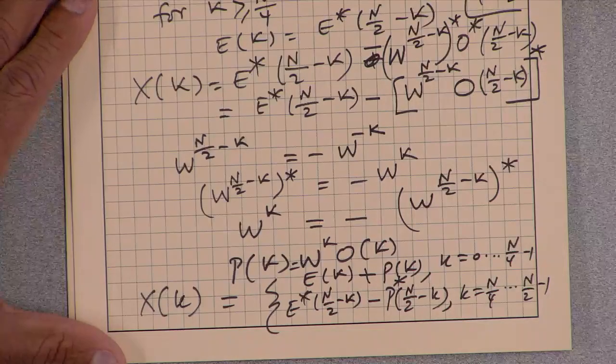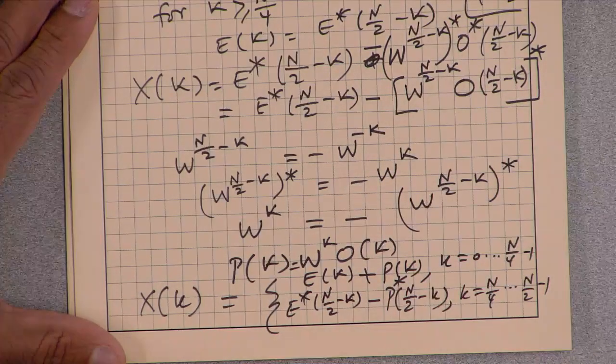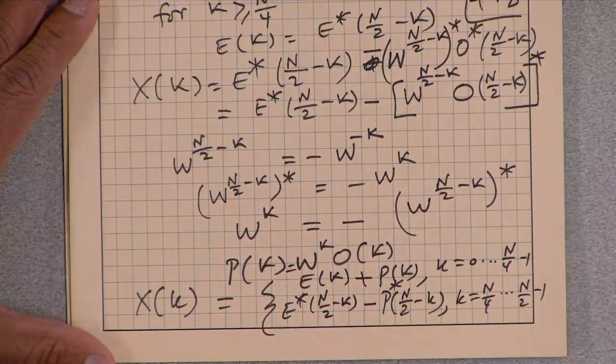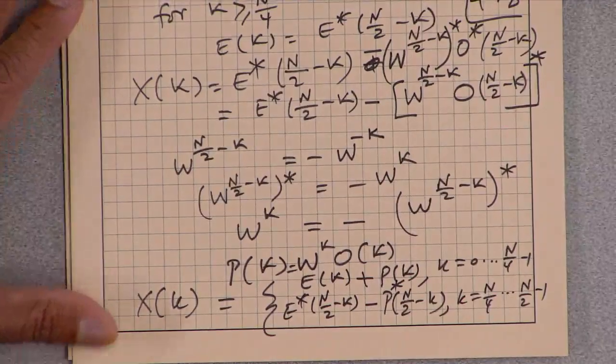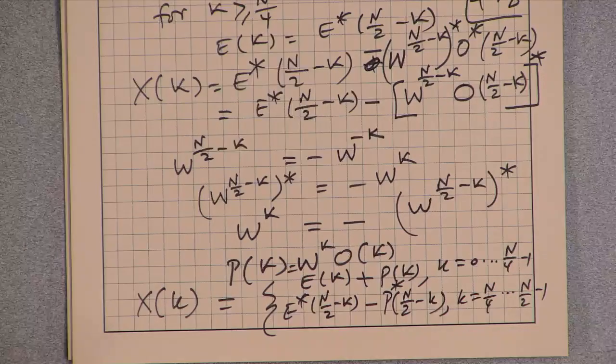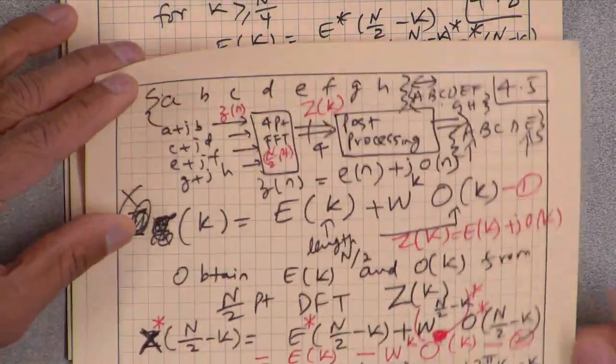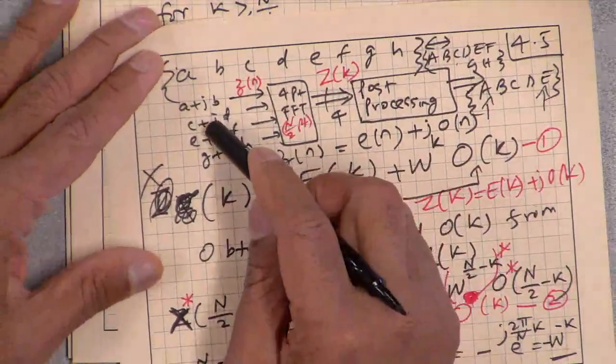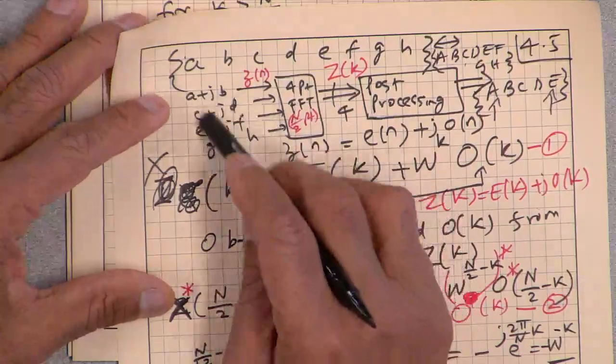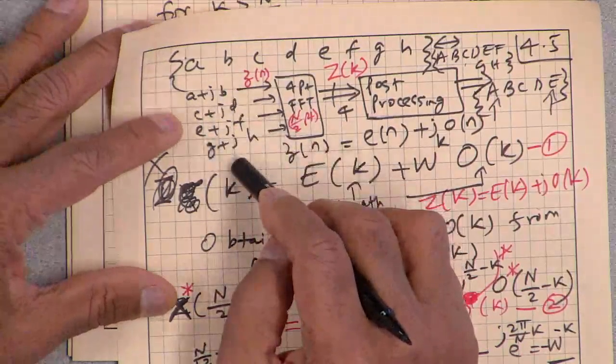So this is the post-processing that I was talking about. If we have an n-point real signal, take the even signal and the odd signal and separate them out and construct an n by 2 point complex signal, so that becomes x2n plus jx2n plus 1, and that's now of length n by 2.